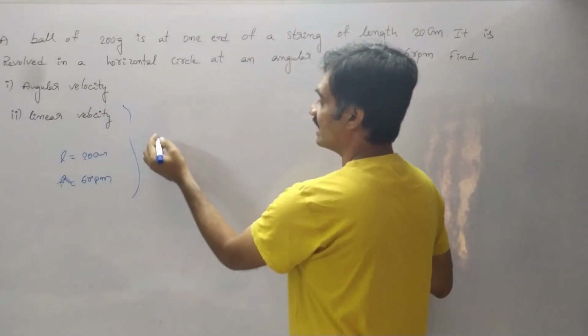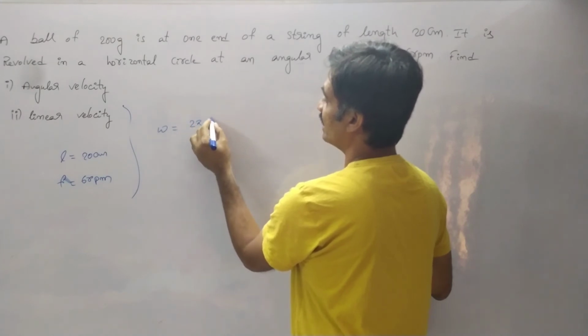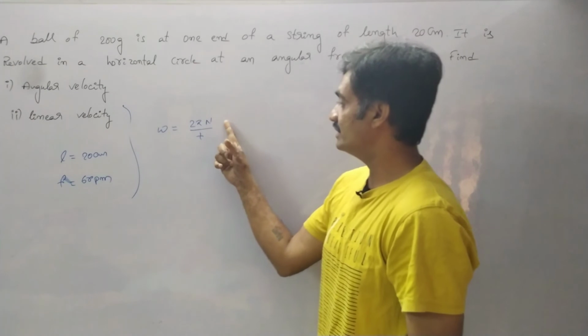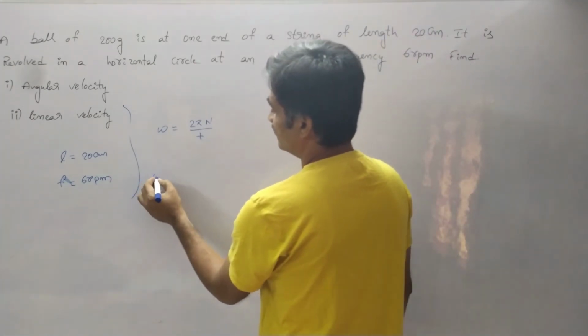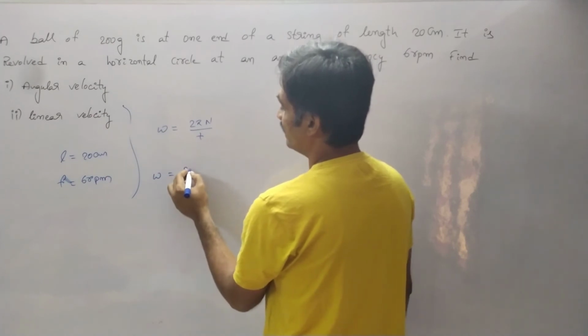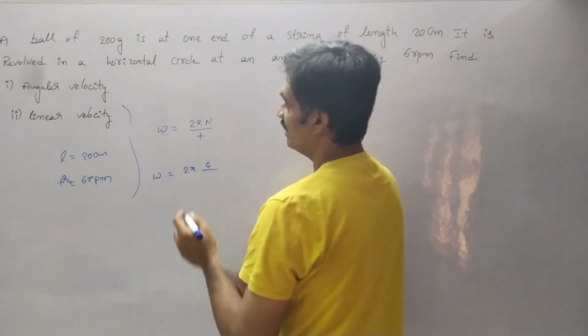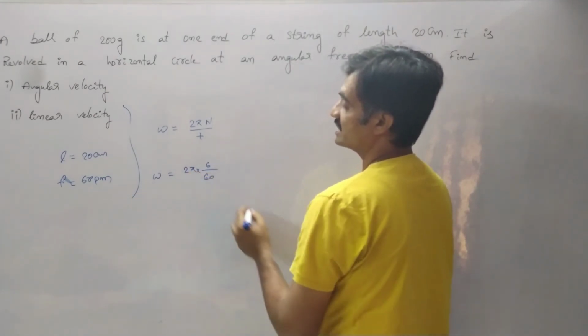In order to find the angular velocity, we can represent it as omega equals 2 pi n by t, whereas n by t is nothing but rotations per minute. So omega equals 2 pi into rotations per minute, which is 6 by 1 minute, and 1 minute possesses 60 seconds. So here we have 60.